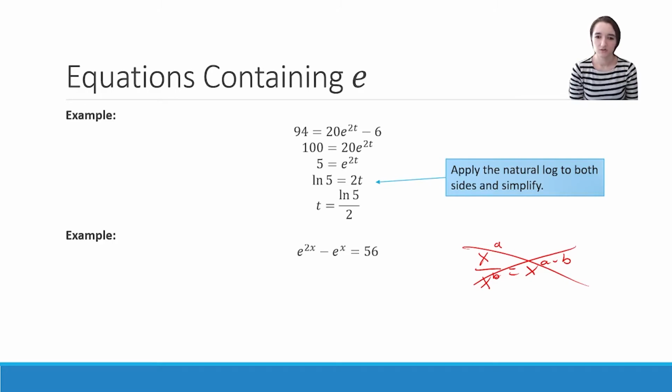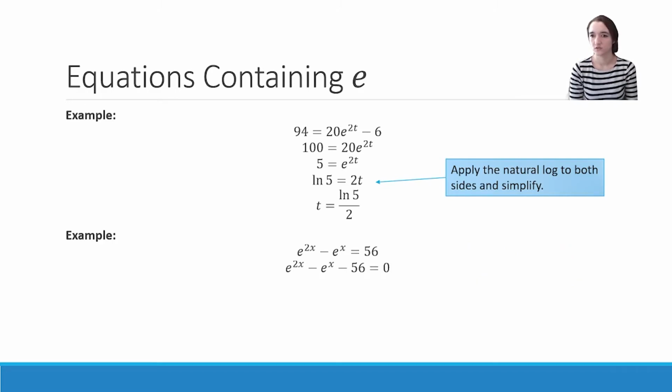So instead I'm going to move that 56 over. E to the 2x and e to the x cannot be combined. They do not become e to the 3x, and they do not become e to the 1x when you subtract. They don't combine. It's the same thing as saying x squared minus x. That's a little bit interesting, though.